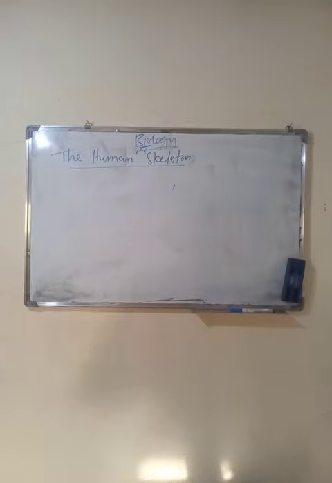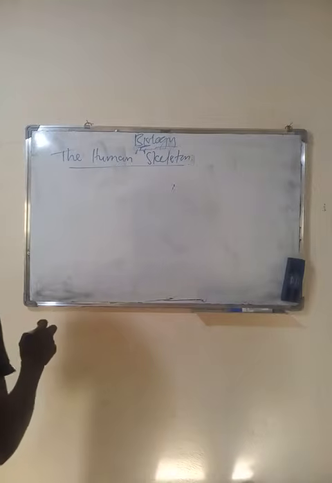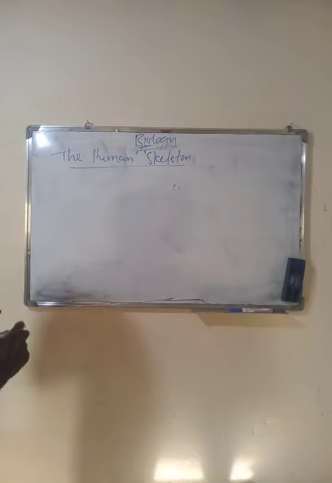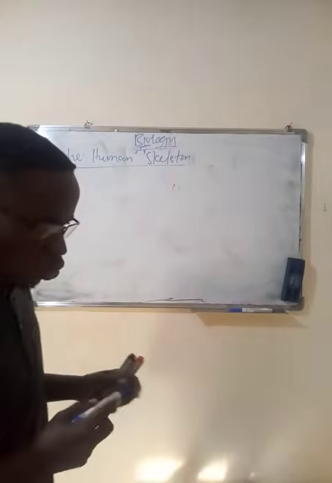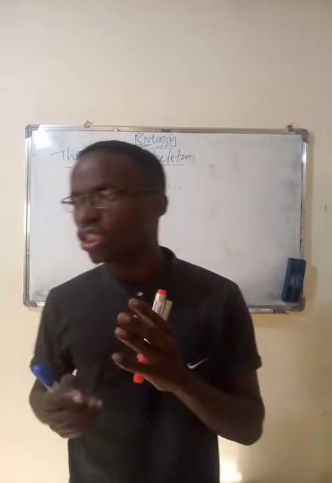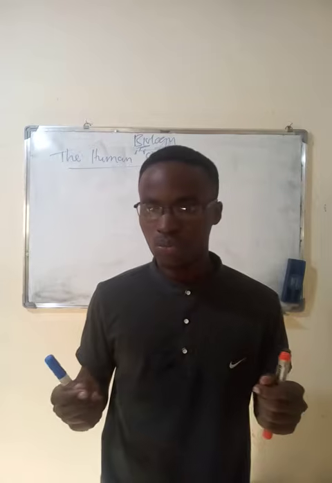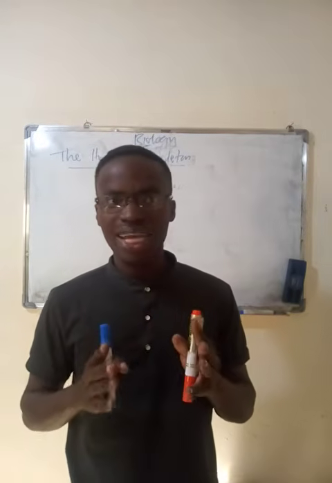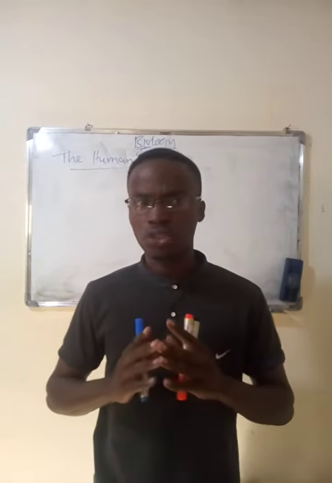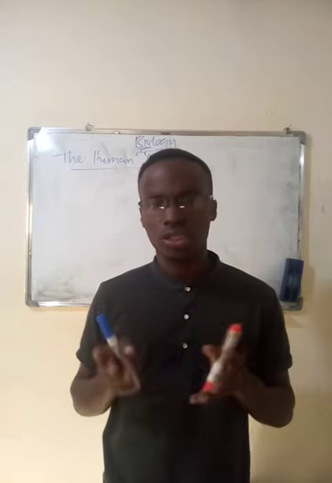Okay, so let's talk about the human skeleton, right? We should understand that the human skeleton is divided into two major categories, right? So we have what is called the exoskeleton and what is called the appendicular skeleton.